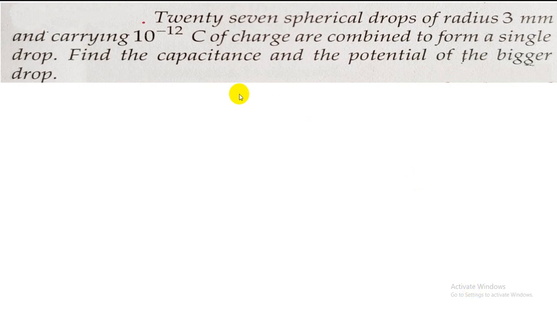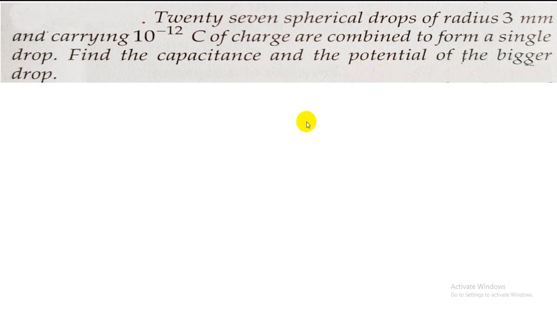In the next question you see, 27 spherical drops of radius 3 millimeter and carrying 10 raised to the power minus 12 coulomb of charge are combined to form a single drop. Find the capacitance and the potential of the bigger drop. So let us see how it can be done.